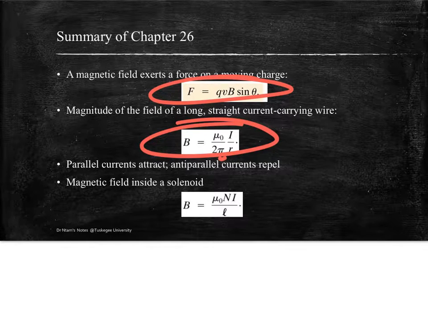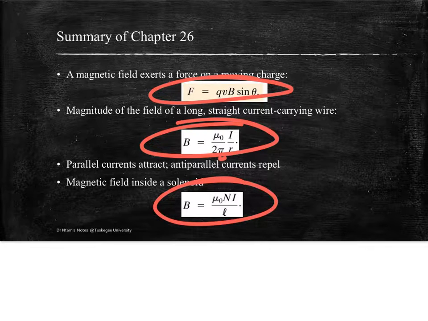And parallel currents attract, anti-parallel currents repel. The magnetic field of a solenoid is given by this expression. So that concludes chapter 30.